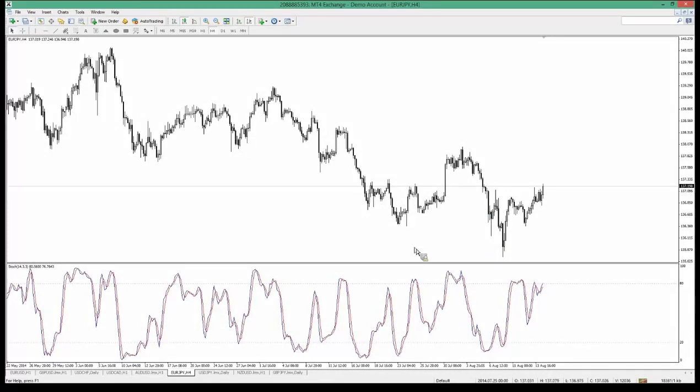However, the reverse divergence is slightly different. What we're looking for here, let me just draw it quickly, instead of price making either a higher high or a higher low. In the case of price making a higher high like that, the indicator doesn't follow suit.